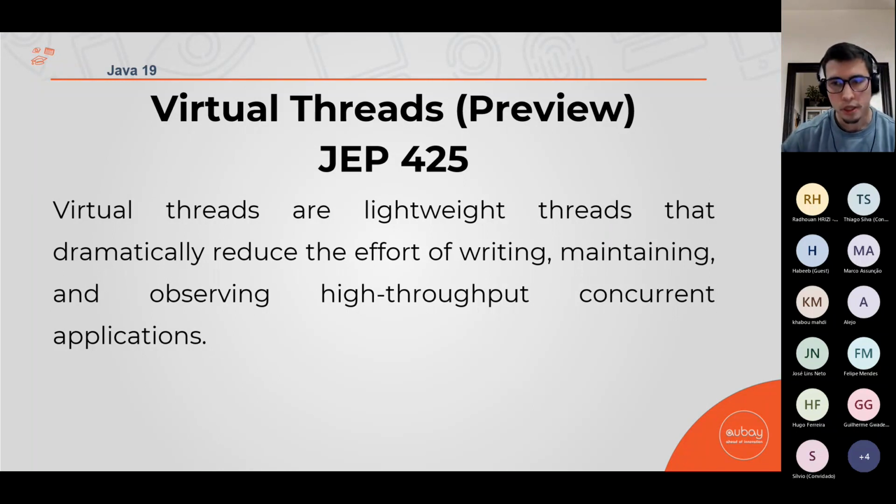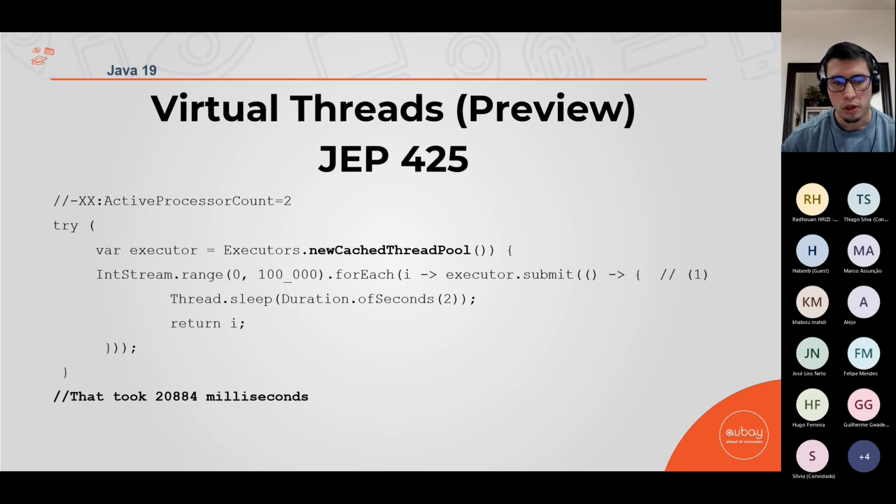Okay, let's see one example. In this example, we are not using virtual threads. We are using a new cached thread pool, and in this case I'm trying to create 100,000 threads. It took something like 21 seconds, using the processor count. So I did the same with virtual threads.